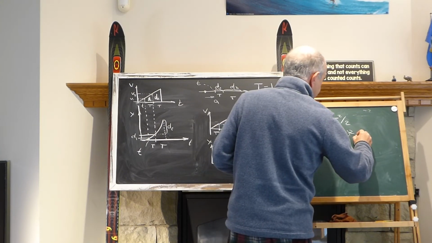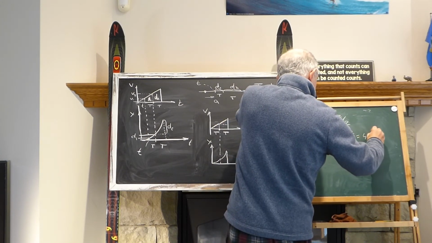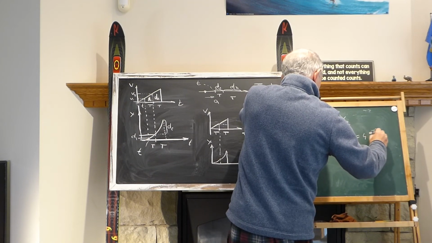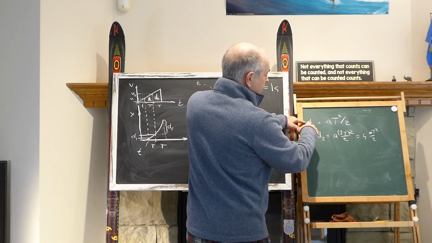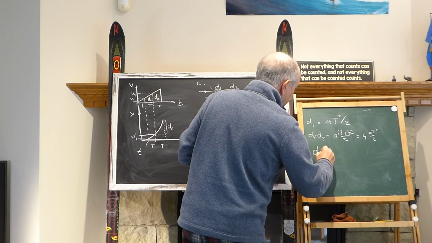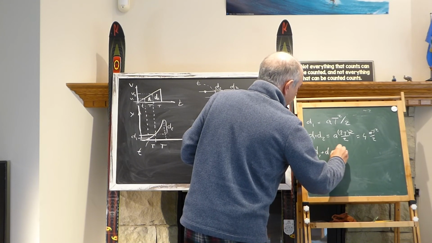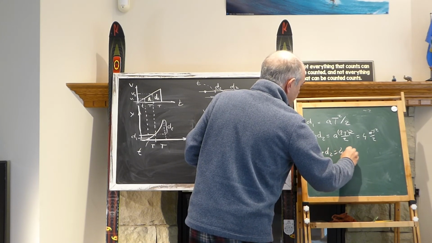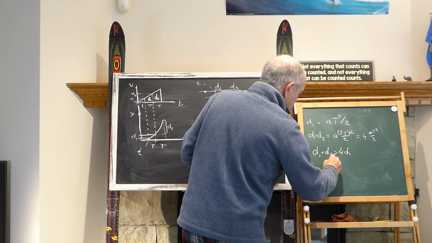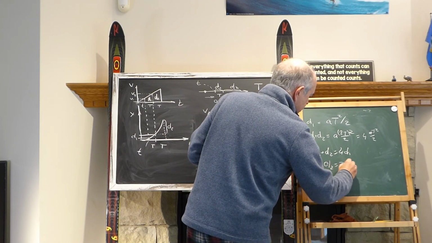And this would become 4 times at squared over 2. So d1 plus d2 will be 4 times d1. And that means that d2 is 3 times bigger than d1.